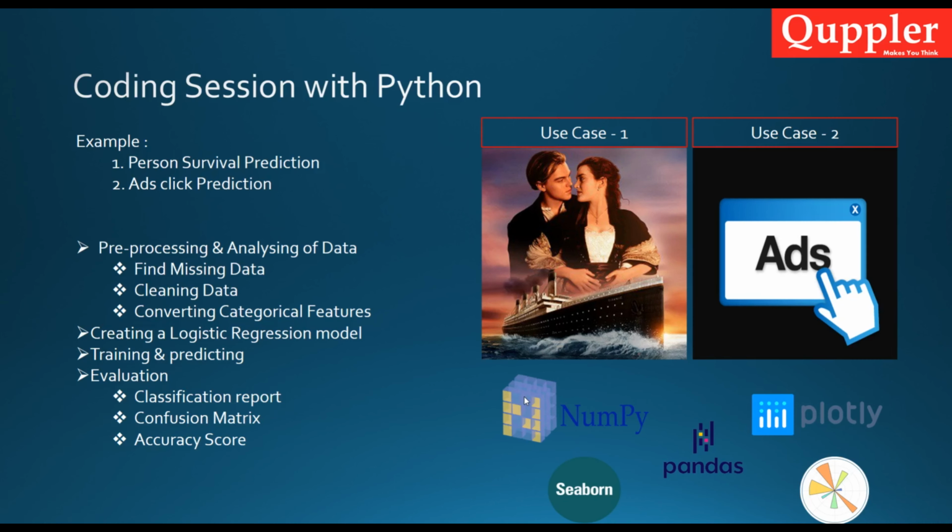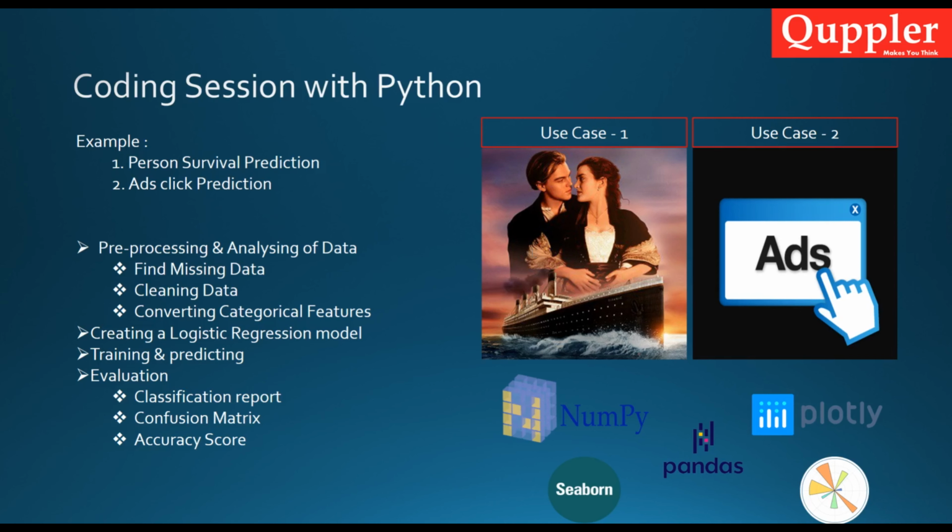Moving ahead, the last thing we have to do is start a live coding session in Python. For this, we're going to take up two use cases. The first use case is the Titanic data, where we're going to predict a person's survival, whether that particular person would have survived or not based on their data.